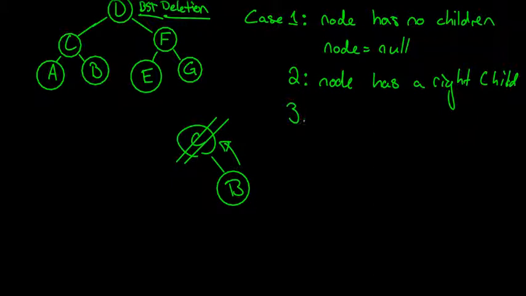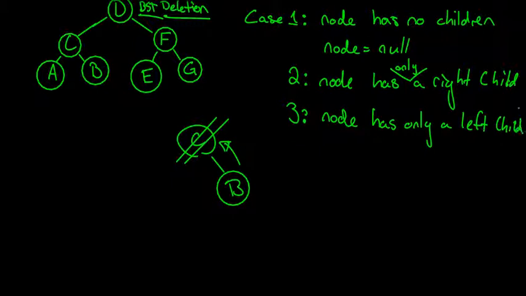Case 3 is pretty similar, and it just states: node has only a left child. And that would be if C simply just had A as a child, in which case we do exactly the same thing, except the other way around. We delete C and we move A up.